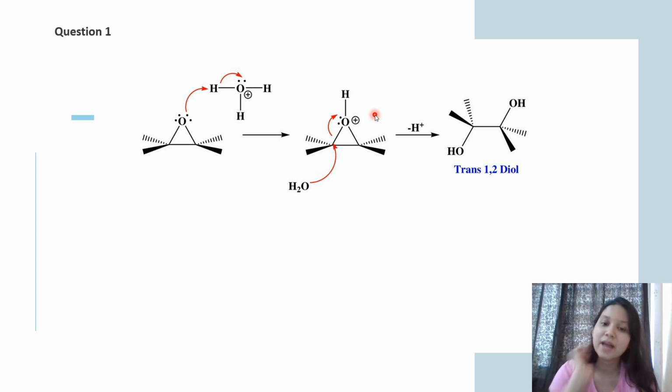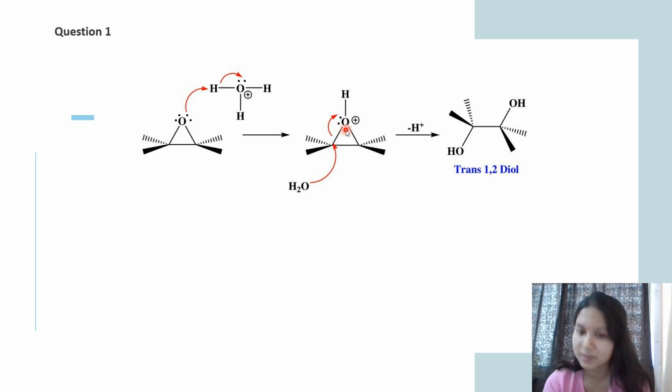This oxonium cation will now be attacked by a water molecule present in the system, because this oxonium ion formed is highly unstable, so it will be facile to break the oxonium ring using a water molecule. So this water molecule will attack at either side of this epoxide ring, and eventually the oxonium formed earlier will be broken down.